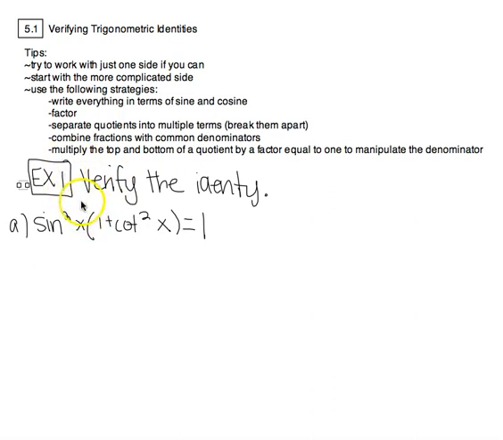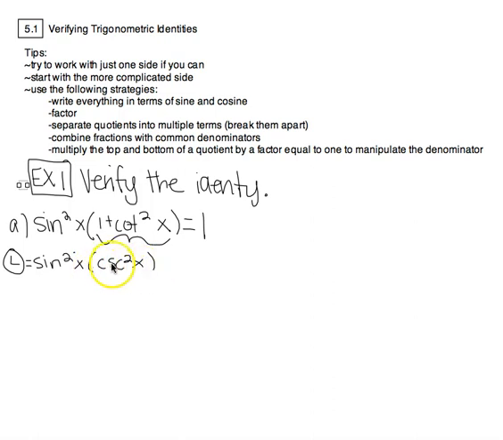When I look at my identity sheet, the thing that popped out first to me is that 1 plus cotangent squared x is in the Pythagorean identity section as being equal to cosecant squared x. So that's going to be my first step, and I'm going to put L circled to mean the left side is now going to be equal to sine squared x times cosecant squared x.